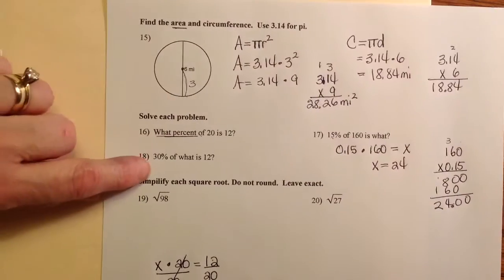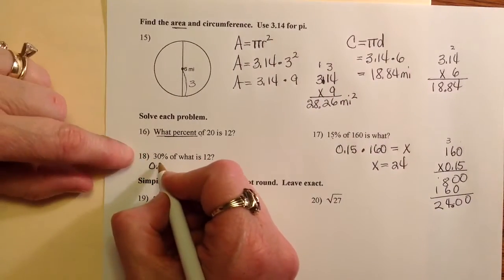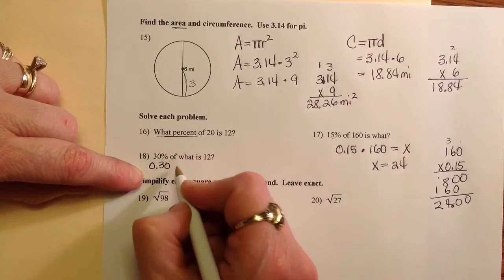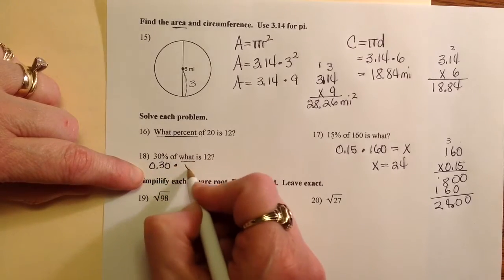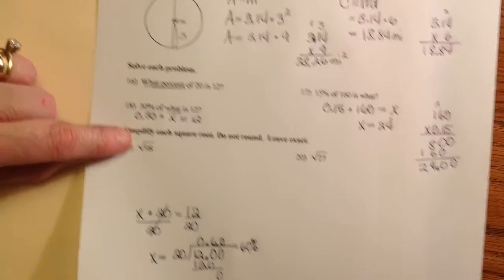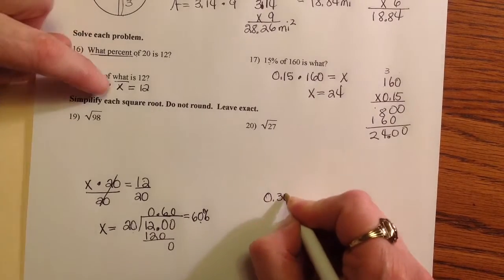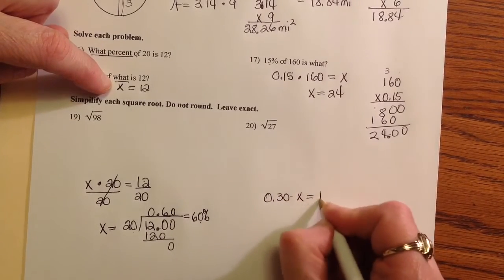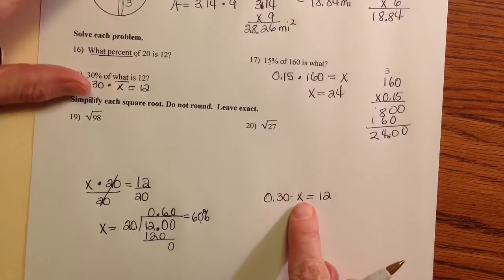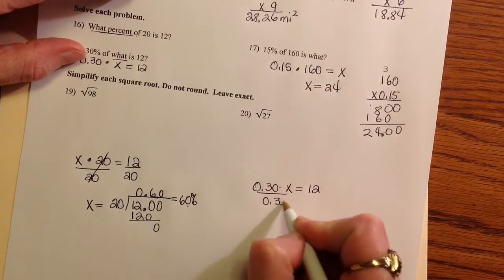Number 18. 30%, I'm going to do that as 0.30 or 0.3 of x, there's my unknown, is 12. And I should have written that down here. Let me come down here and put this. 0.30 times x equals 12. Well, notice my x is not by itself, so I need to get rid of the 0.30.